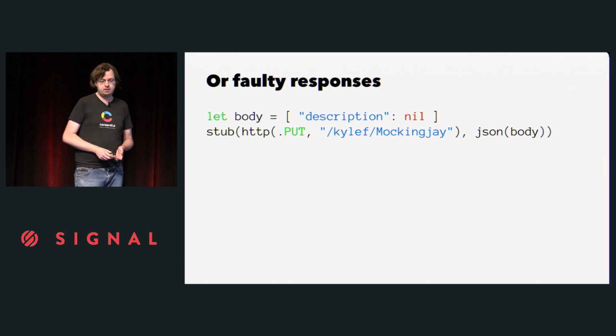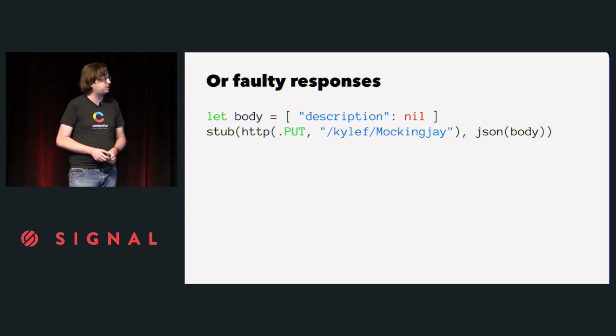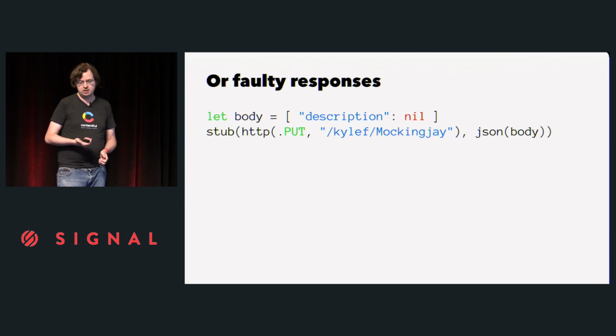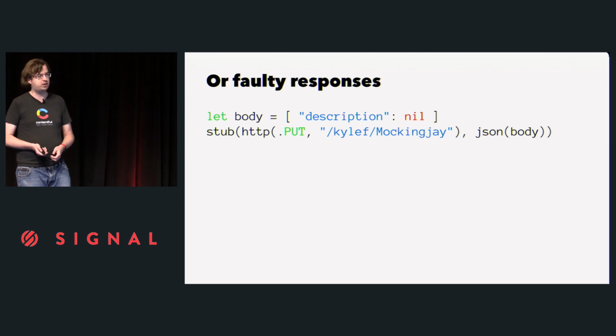And we can also inject faulty responses and make our API client resilient against those. For example, in this case, we have a JSON that has a nil value, and we can test against those as well. Even though maybe the current API doesn't return these kinds of values, we can still make sure that our API client won't crash if it gets them.